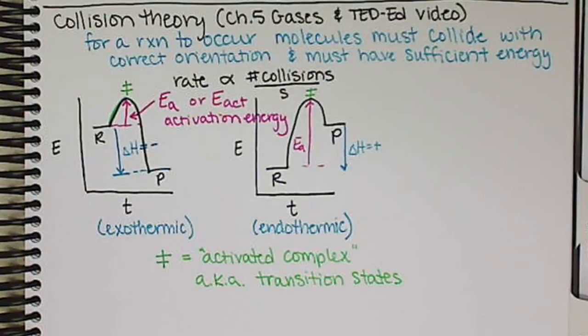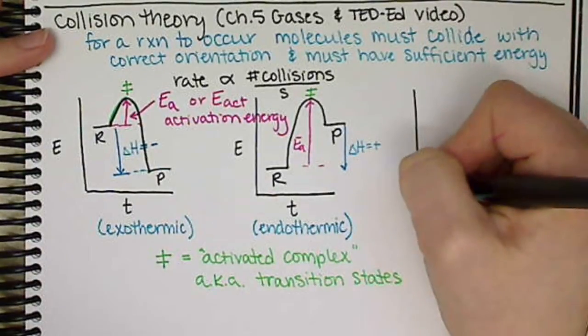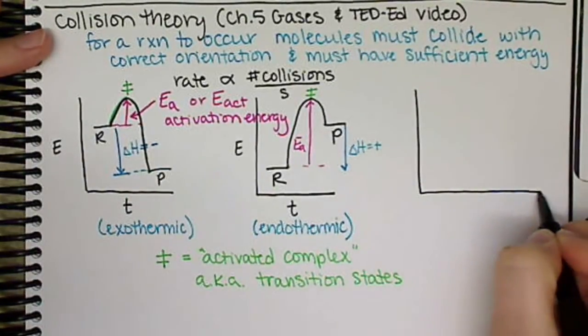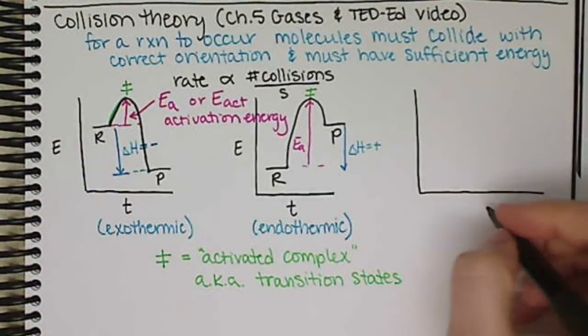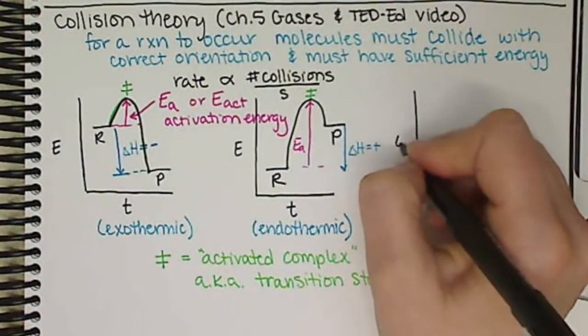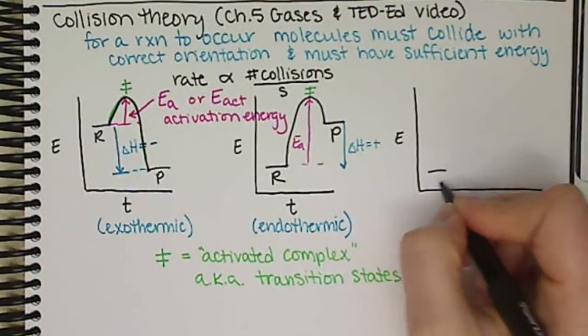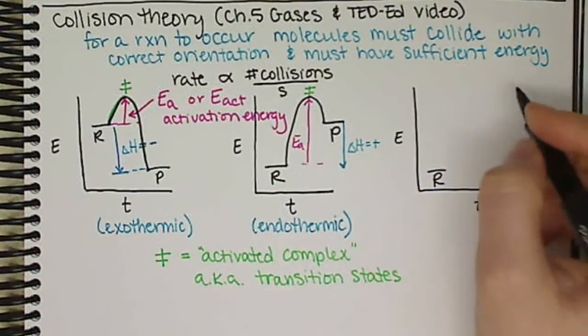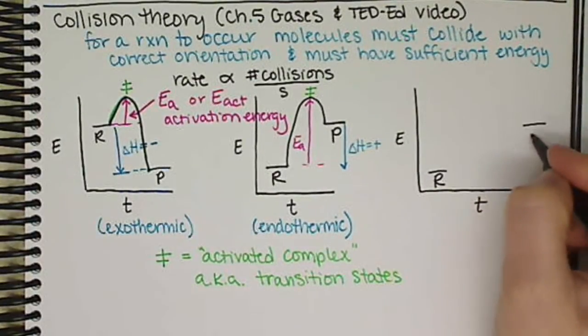And in terms of looking at a reaction that could happen in two steps, if we have a reaction mechanism, we can look at a graph very similarly. We have time, energy, our reactants, and our products.